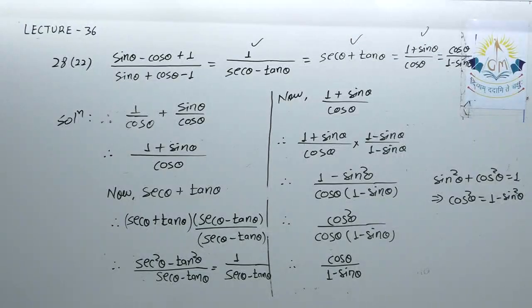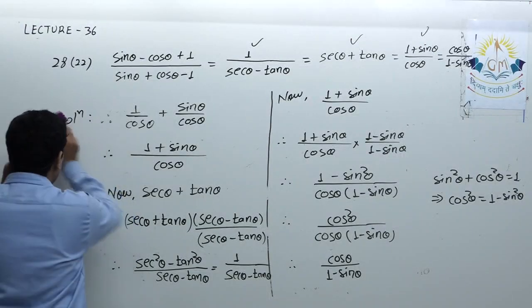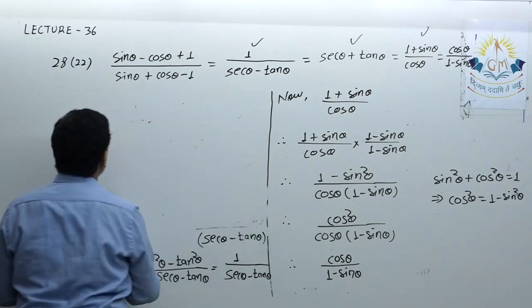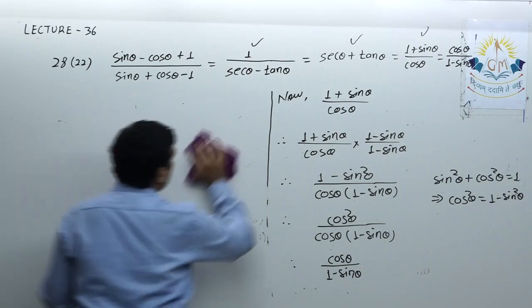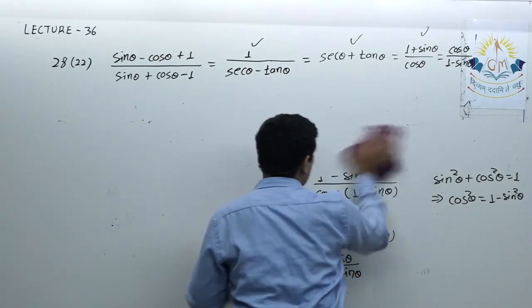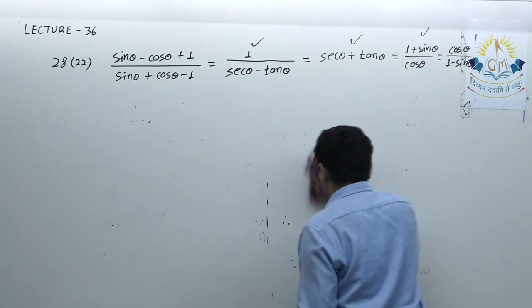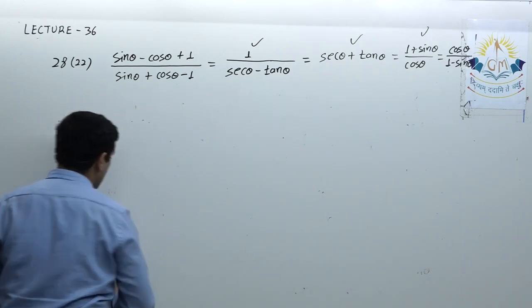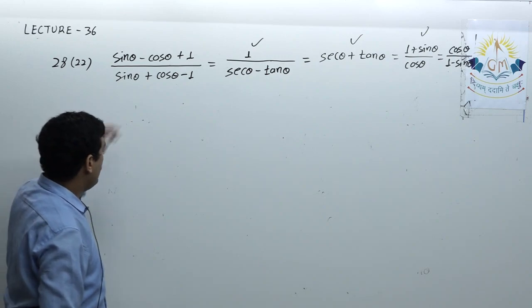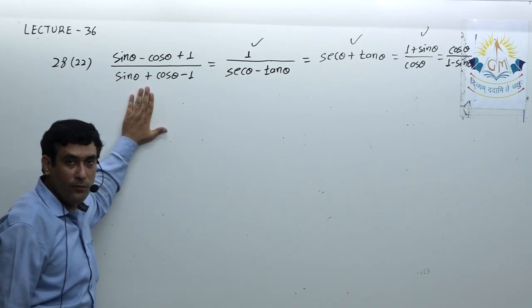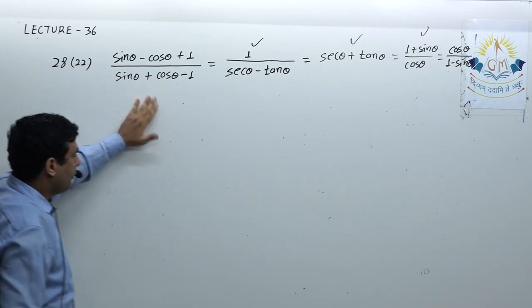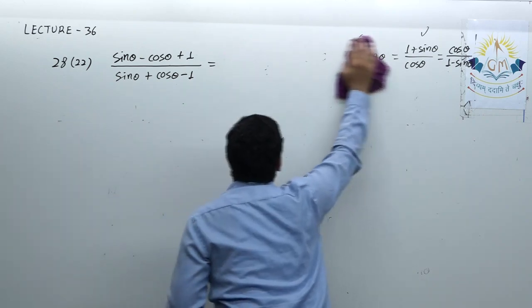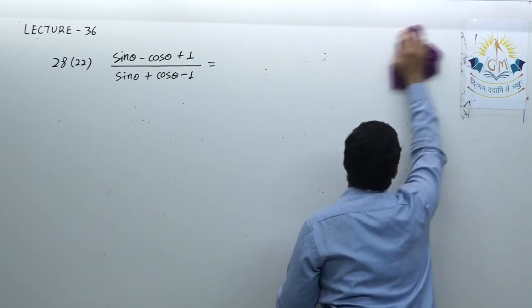Okay, now we'll see the next question that is almost related to this. Next is question number 23 of main question 28. The only difference between this question and the previous one is that here the main expression is in the form of sine and cos, and to solve it further we converted it into the form of sec and tan.